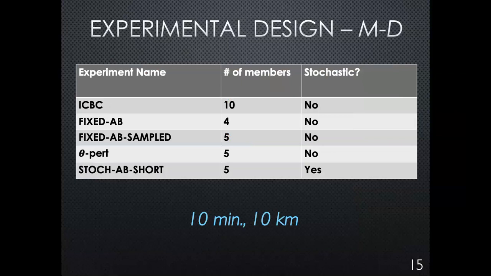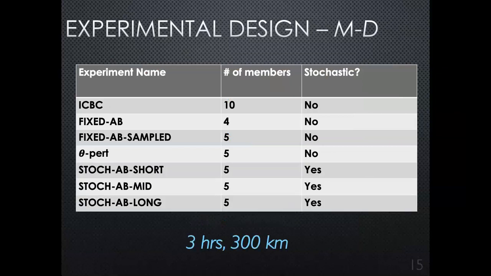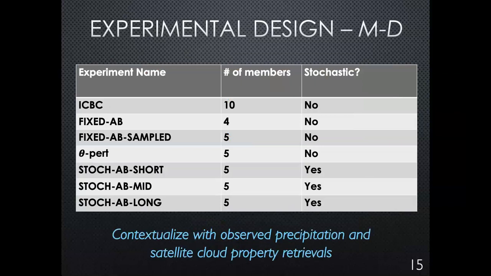So the perturbations are fluctuating relatively rapidly in space and time. Stochastic mid would use an autocorrelation scale of 1 hour and 100 kilometers, and stochastic long will use an autocorrelation scale of 3 hours and 300 kilometers. And then we'll contextualize with observed precipitation and satellite cloud property retrievals.